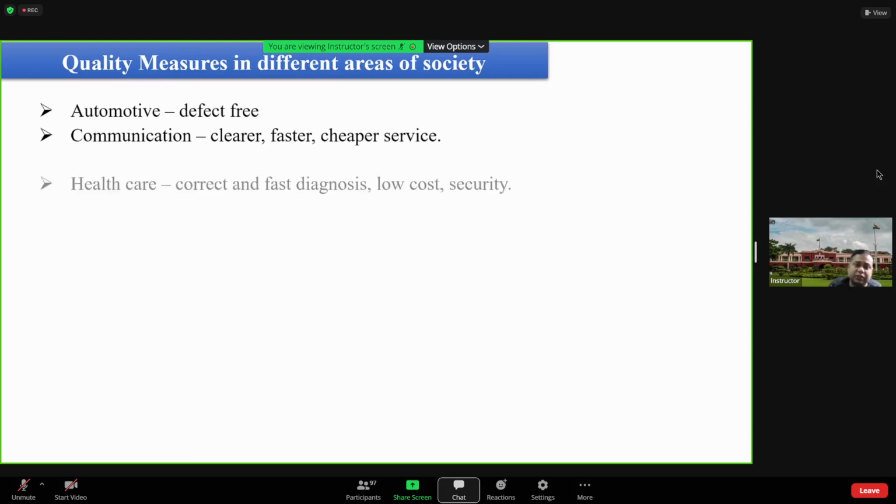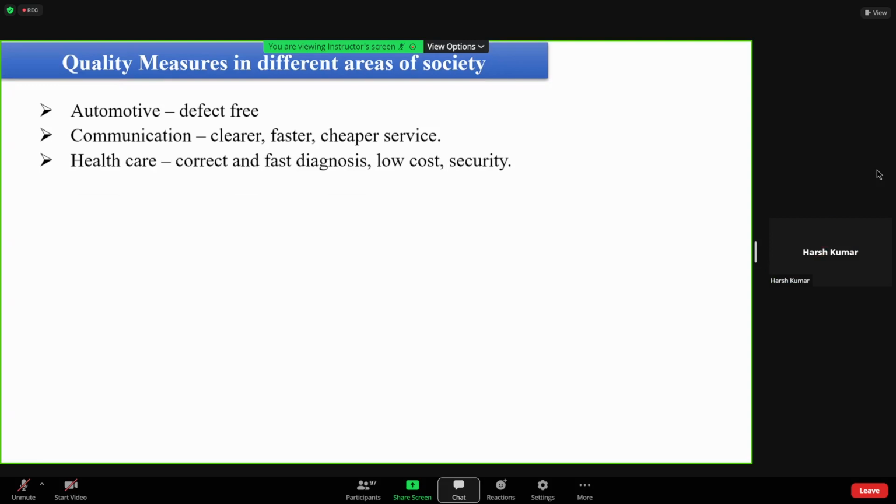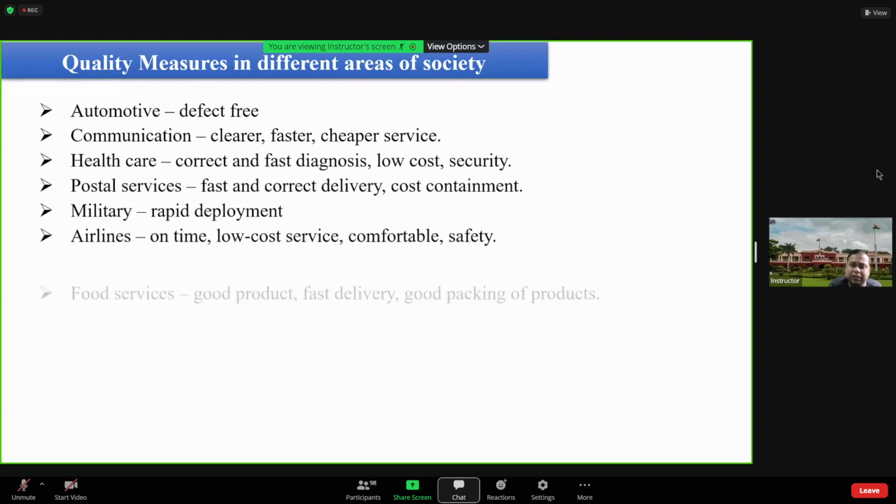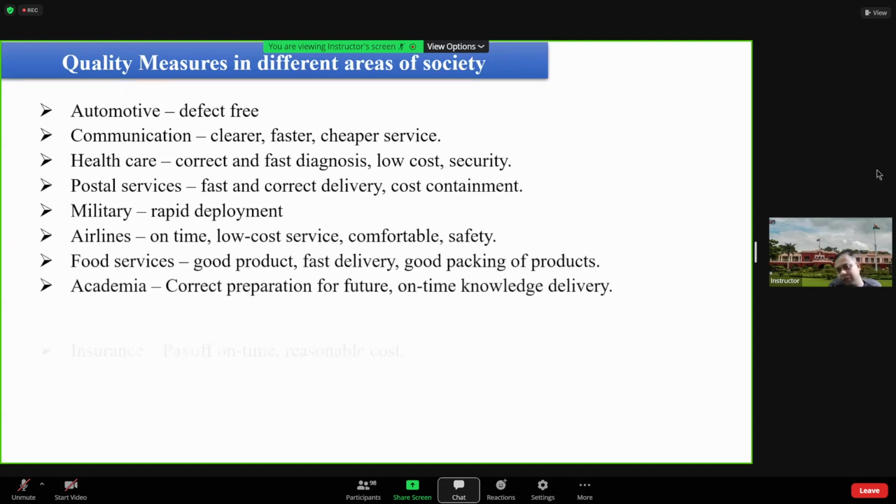In the healthcare sector, fast and correct diagnosis of the disease and low cost treatment of the disease. Similarly, there can be many different quality measures for different areas, and we need to clearly identify for our product or project what the CTQs and quality measures are, and accordingly we can plan to move ahead with the improvement of quality of the product.